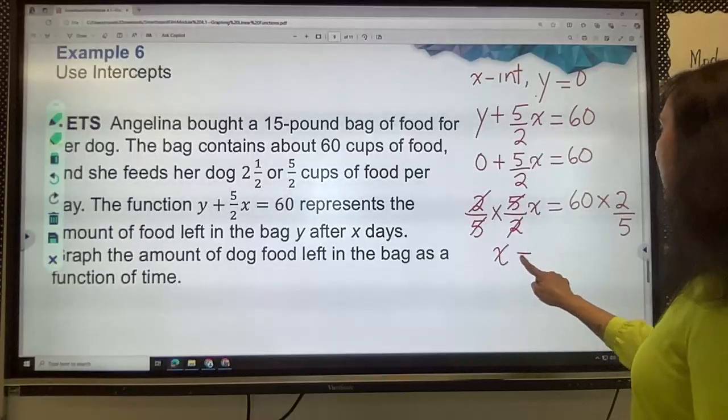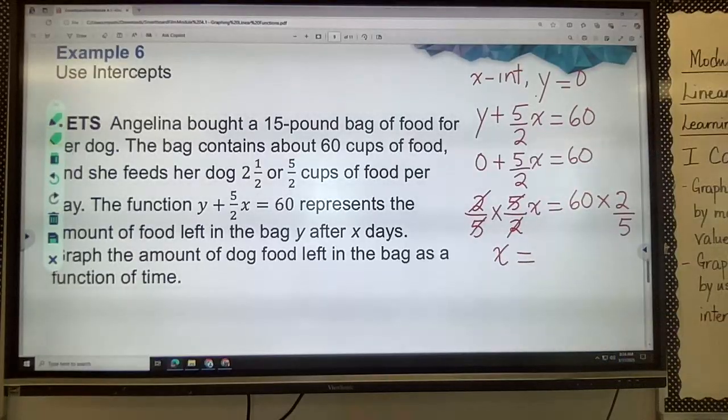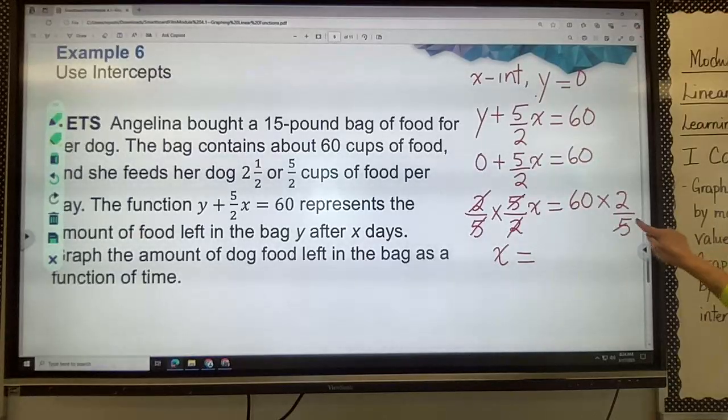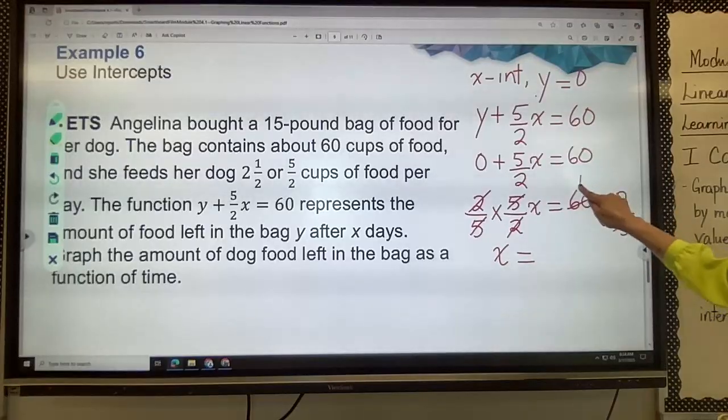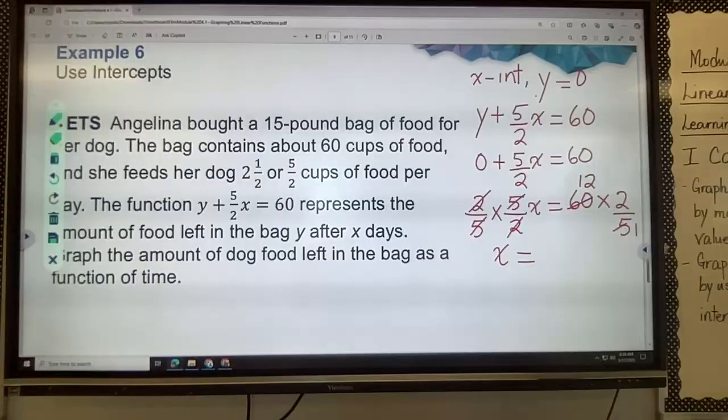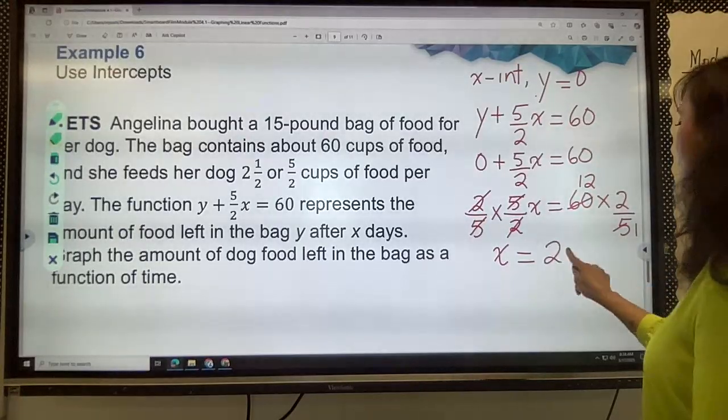I'm left with x, right? And I have 60 times 2, which is 120. I can also say 5 times 12 gives me 60, and then 12 times 2 is 24.